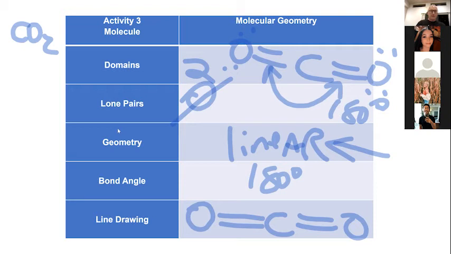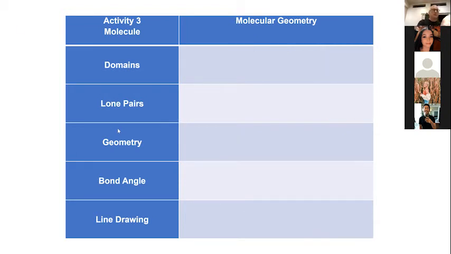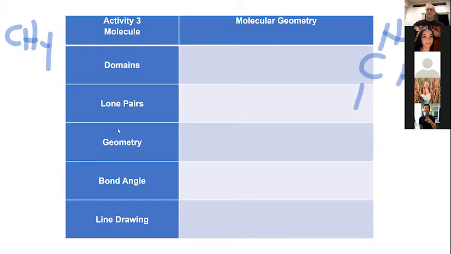Now, if you're going to do something like methane, CH4, how many domains? So that looks like this, right? We've got 1, 2, 3, 4 hydrogens around the carbon. How many domains in that one around the central carbon?